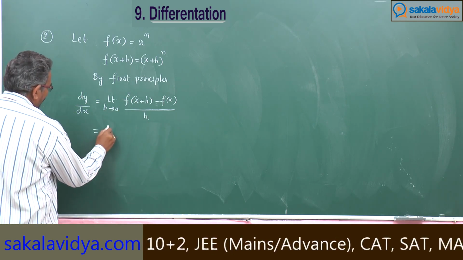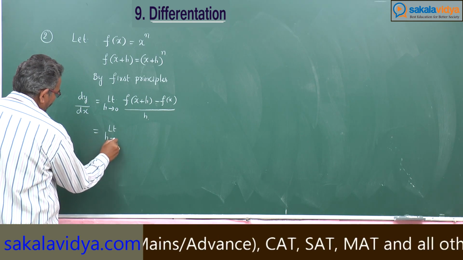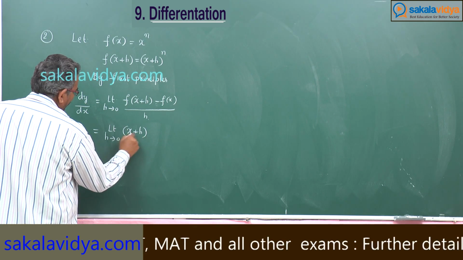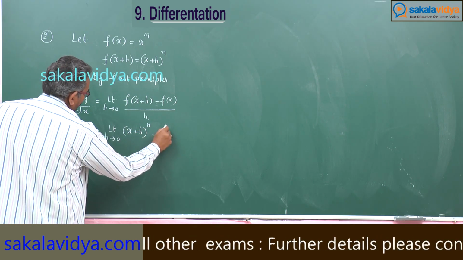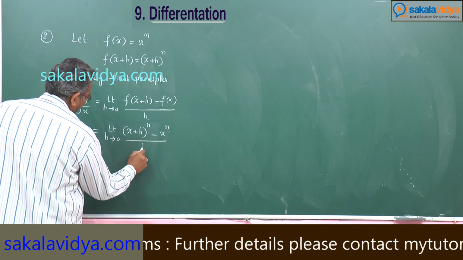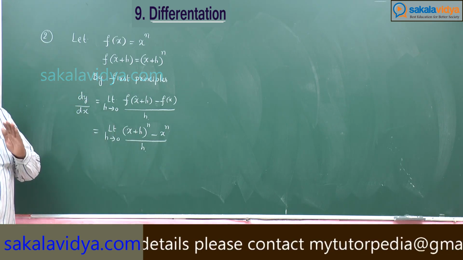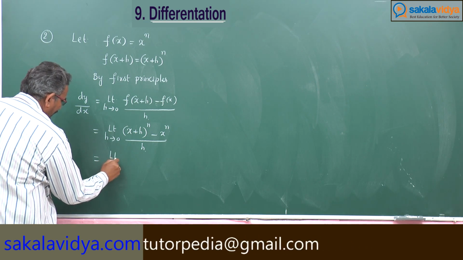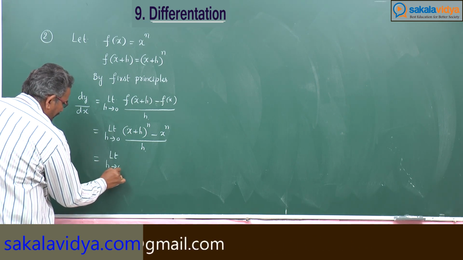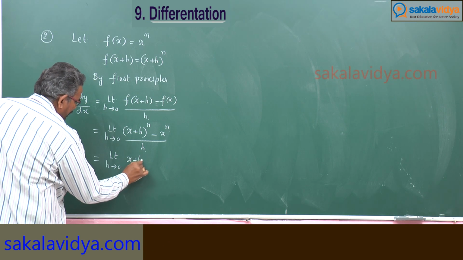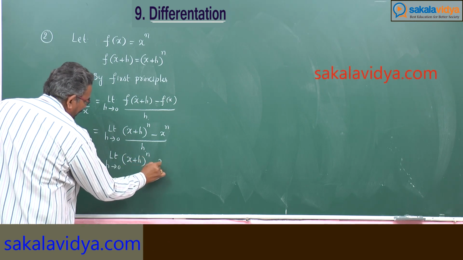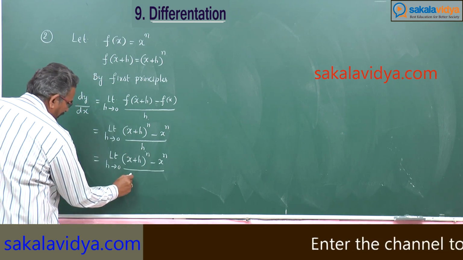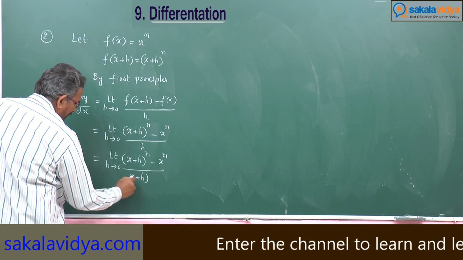Now this is equal to limit h tends to 0, x plus h whole to the power of n minus x to the power of n by h. This h can be written for our convenience as x plus h minus x.